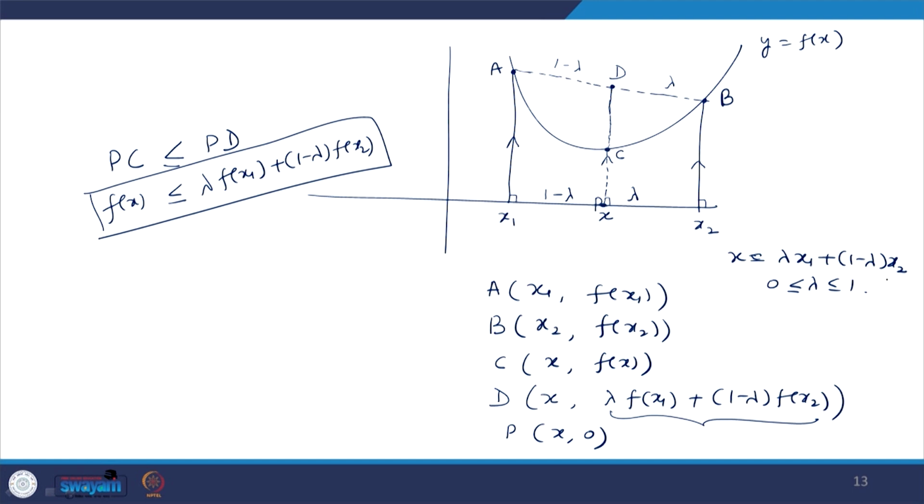x is this thing. So, we can write it like f(lambda x1 plus (1 minus lambda) x2) is less than or equal to lambda f(x1) plus (1 minus lambda) f(x2).